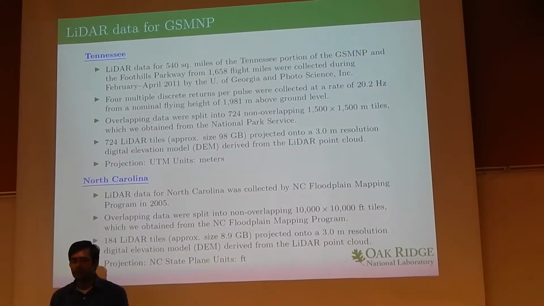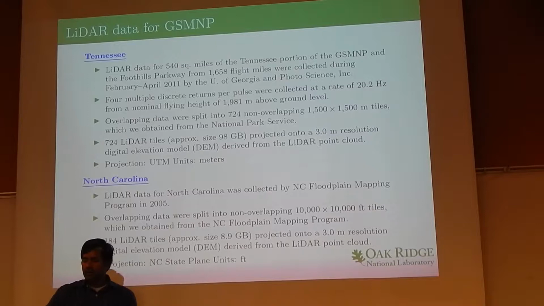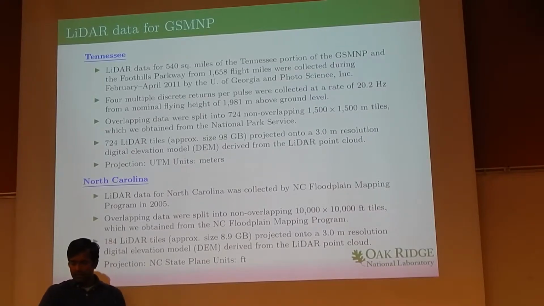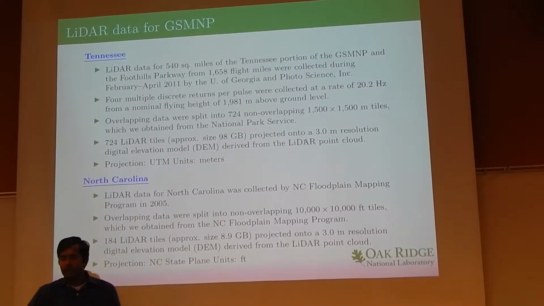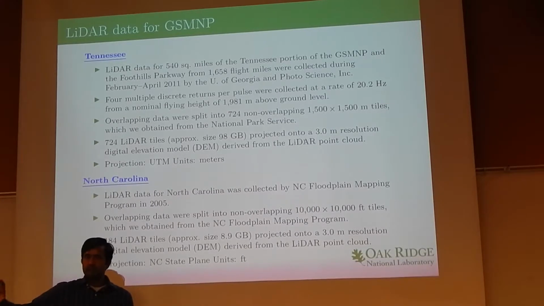This was a USGS collected data set that was done in 2011, and this was done by a group at the University of Georgia. So we had data available from the Tennessee side from that one particular agency.